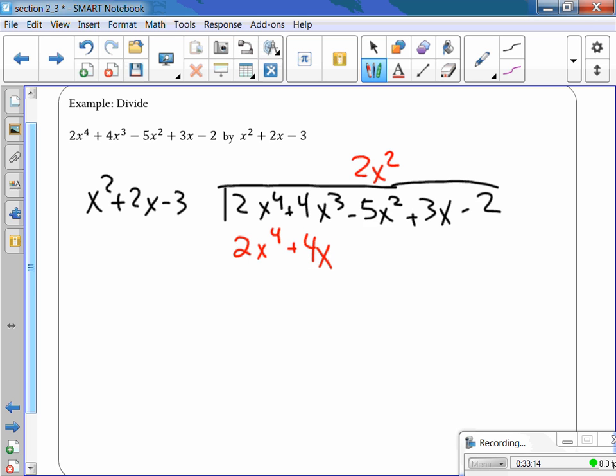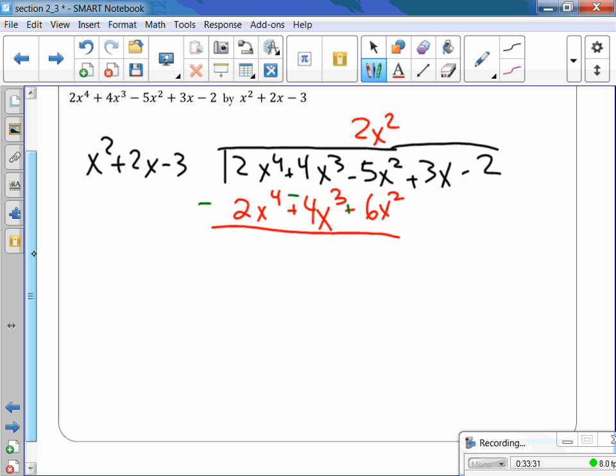Erica? So all my signs change, giving us positive x squared. Normally we would just bring it down to 3x, but that's when we are only dealing with a binomial.